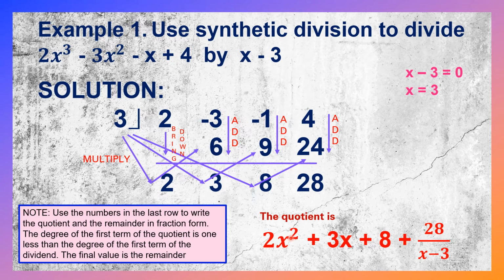So the quotient is 2x squared plus 3x plus 8 plus our remainder 28 over our divisor x minus 3.